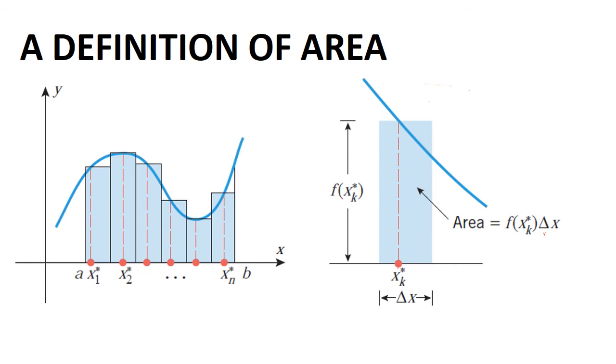And kapag kinuha mo na yung total area under the curve, syempre, isasum mo lahat ng rectangles na yan, no? So, rectangle 1 plus rectangle 2 plus rectangle 3 hanggang kung ilang mga rectangles yan. So, gagamitin mo lang yung summation na formula.